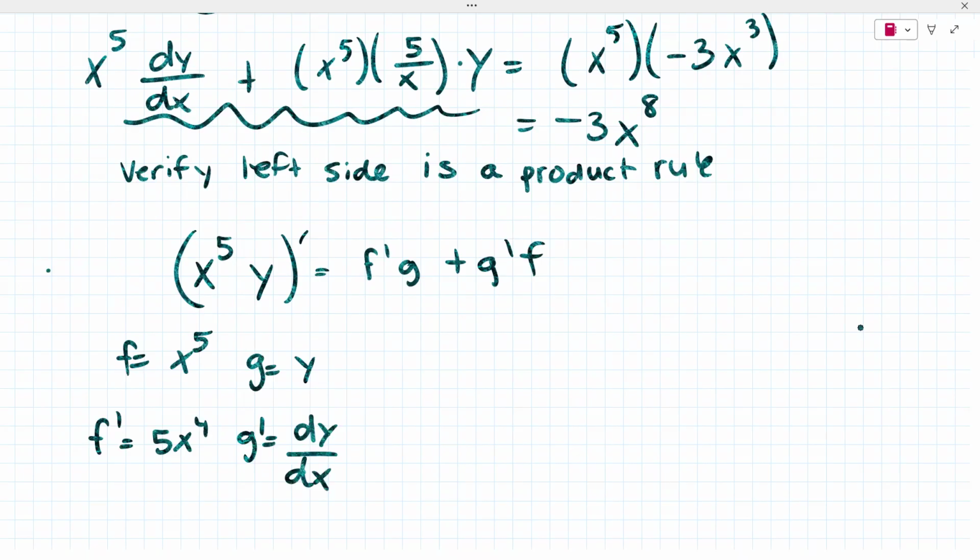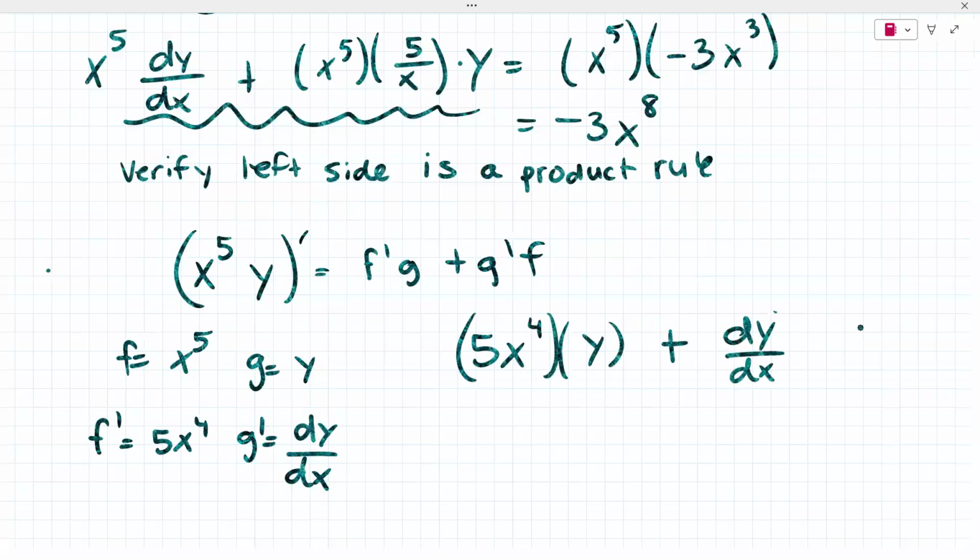f prime times g, so f prime is 5x^4, times g, which is y, plus g prime, which is dy/dx, times f, which is x^5.